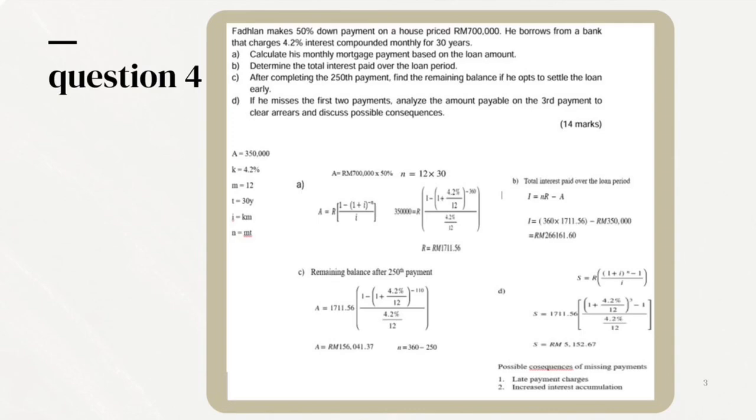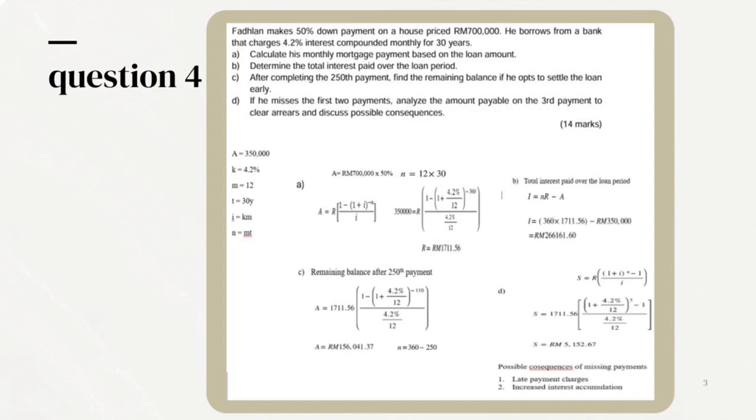So we use the same formula as in question A. We use R as 1,711.56, i as 4.2% divided by 12, and the term is 110. So the answer will be RM156,000 and 37 cents. So that's the answer for question C.